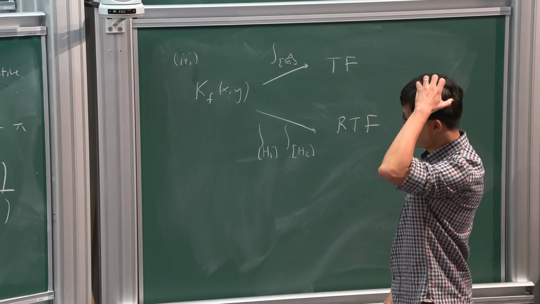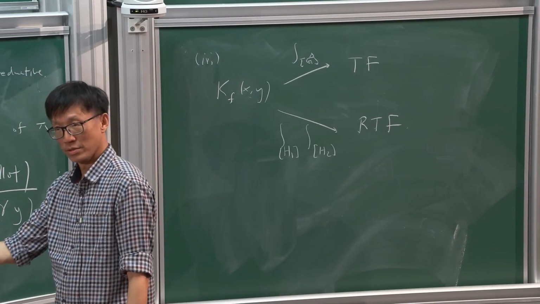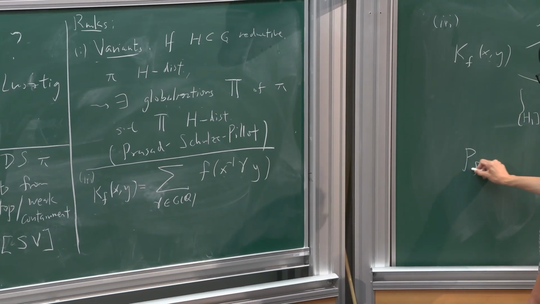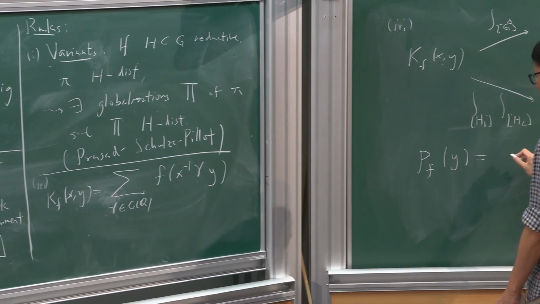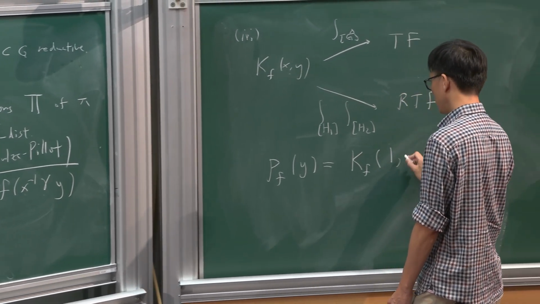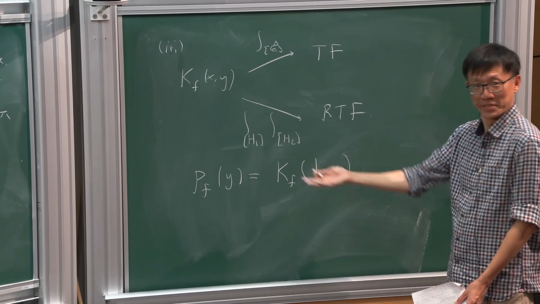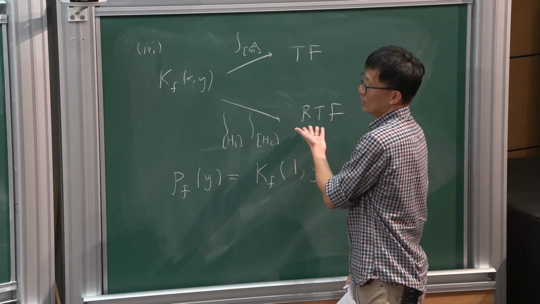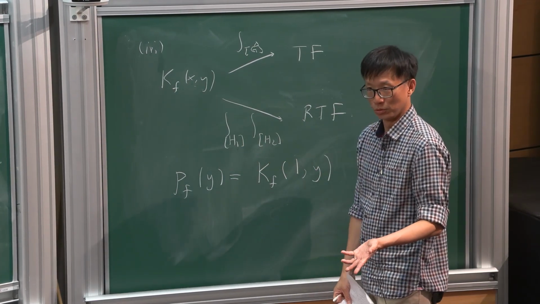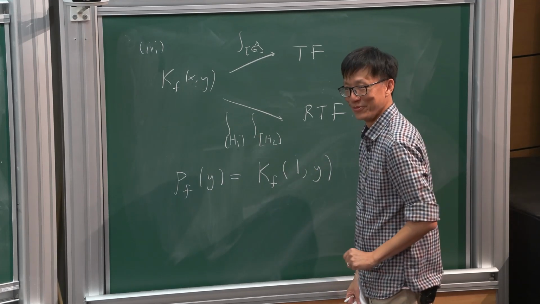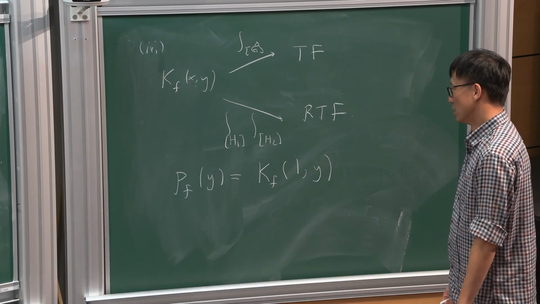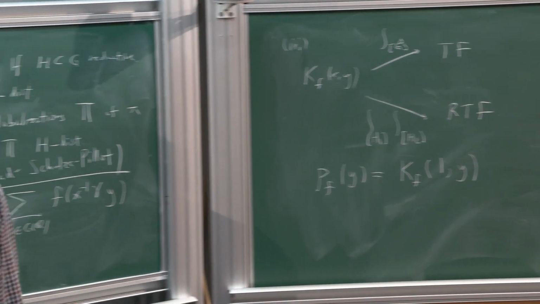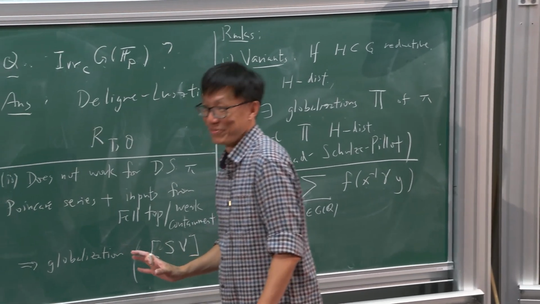Now, what I want to point out is that this Poincaré series is basically the automorphic kernel if you take x to be 1. It's the same formula. So you can say it's just an instance of this second arrow where you take H1 to be the trivial group, and you don't do the integration over H2. In that sense, you can see this very simple argument as an extremely simple form of the trace formula, if you wish.